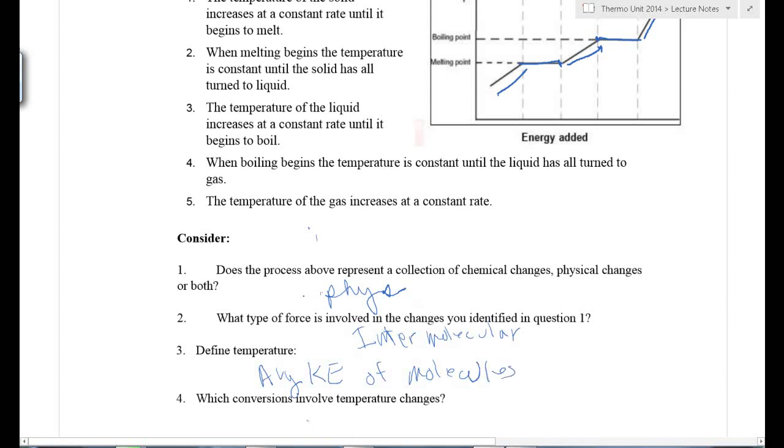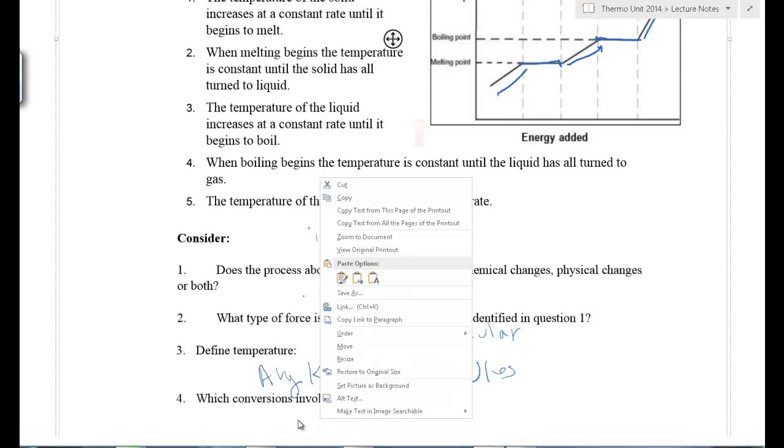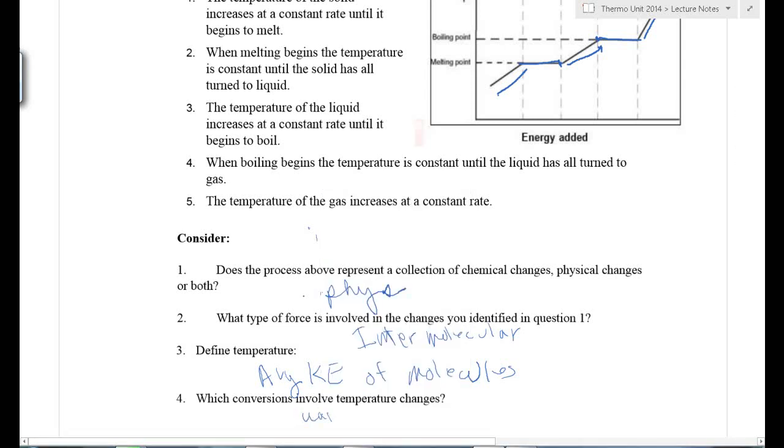What conversions involve temperature change? Well, the conversions here, the warming and the cooling, right? So temperature change is only when I'm heating something up, or if I have a cooling curve, the spots where I'm cooling.